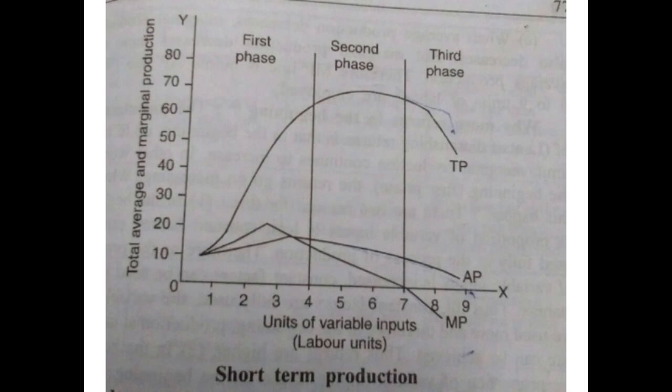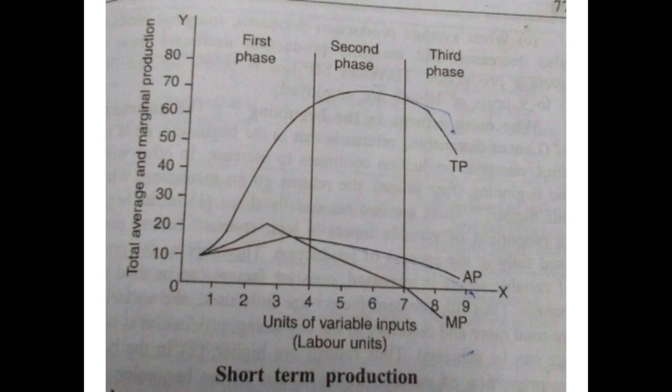Why does this happen? There are two reasons for this. In the beginning, as the proportion of variable inputs is less, constant factors cannot be used fully in the process of production. Why does this happen only in the beginning and later on it starts decreasing? The reason is in the beginning the inputs are less.